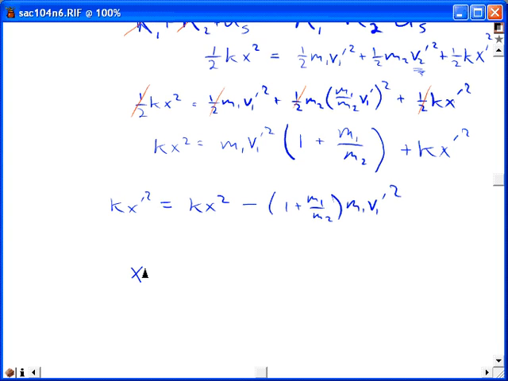And then I'll have x prime squared is equal to, just divide both sides by k, x squared minus, and I'm going to write this as m1 over k, and I changed my mind on the order, so I got m1 over k times 1 plus m1 over m2 times v1 prime squared, having divided both sides by k.